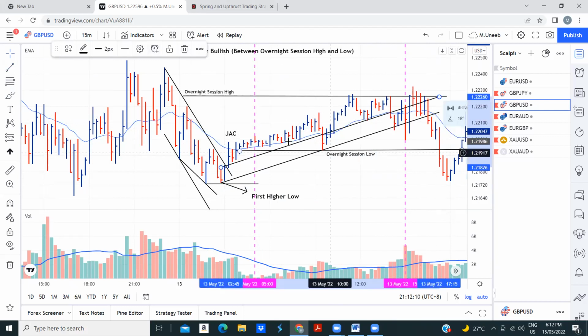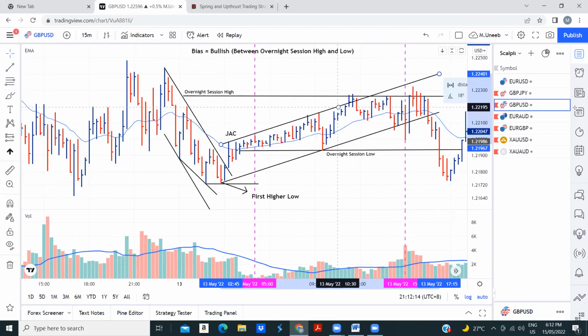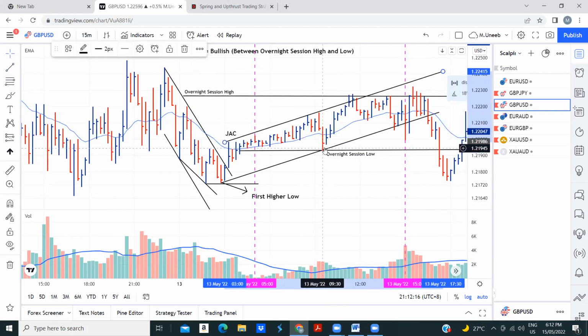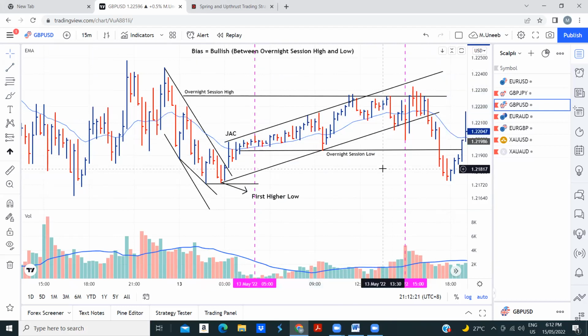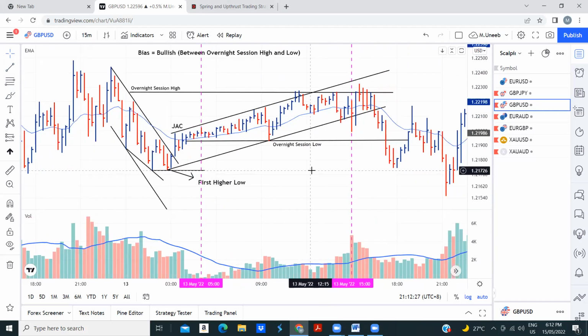Now, where would I place this one? If I place this one here or here, between these two, this is the highest point, right? And when was the London Open? 3 p.m. Now we have one trick here.